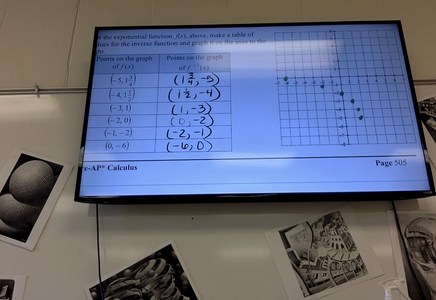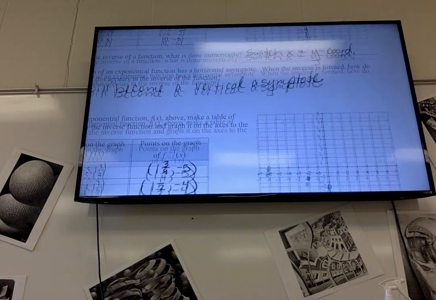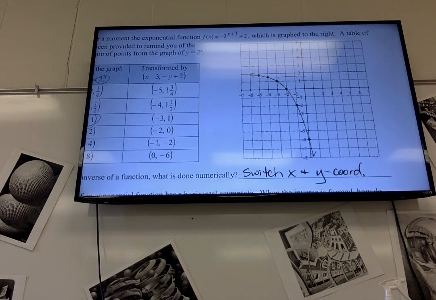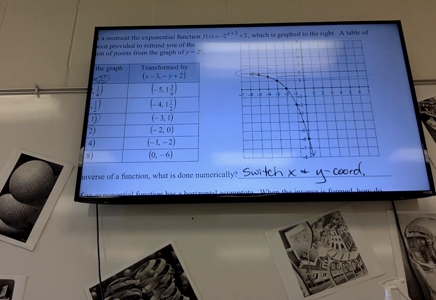What kind of asymptote is this one going to have? Vertical. The horizontal asymptote was at y equals 2, right here.